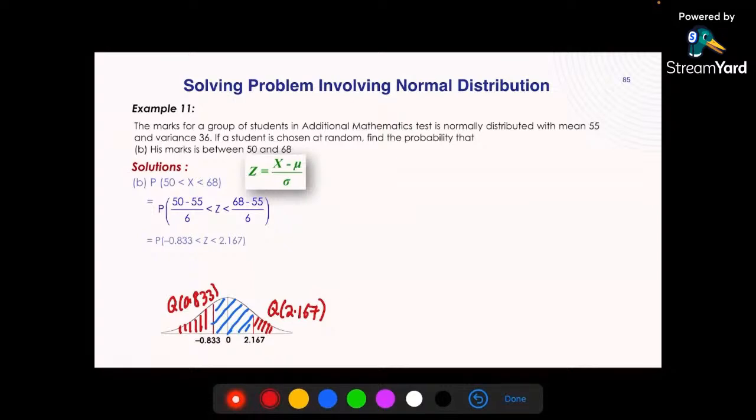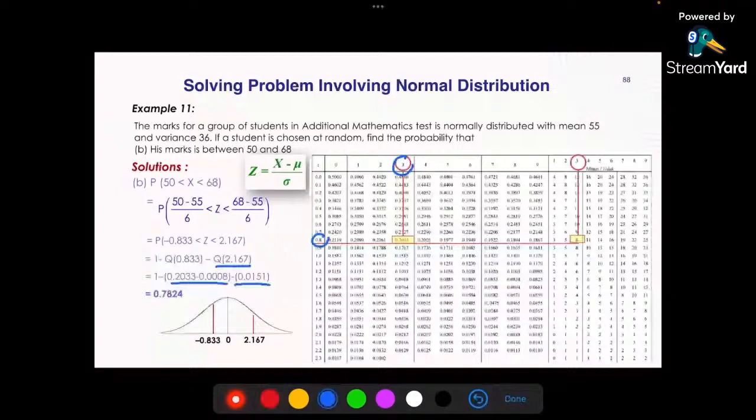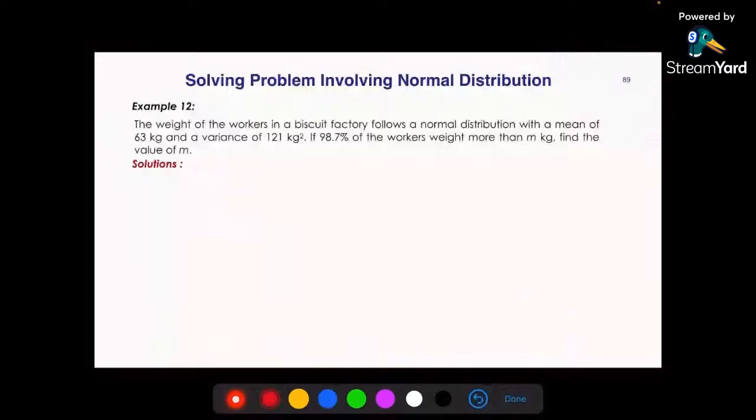So 0.833 tu, so yang ni lah 0.833. So dia akan jadi 0.2033 tolak dengan 0.0008. And then for this one, 2.167 kita dah dapat tadi. 0.0151, and you just minus them, you akan dapat the answer will be 0.7824.